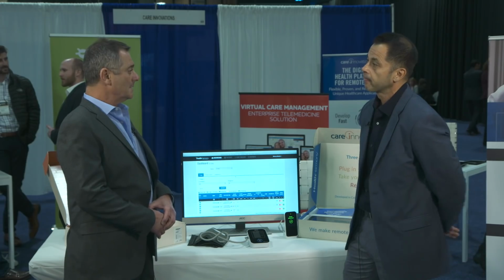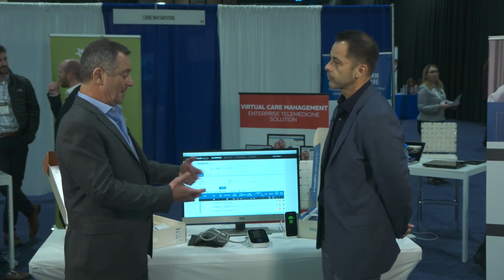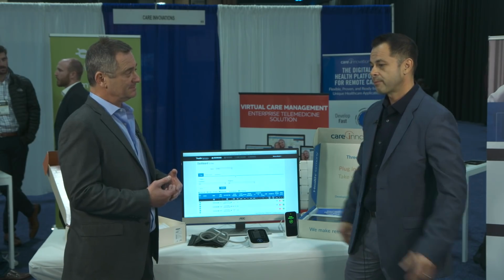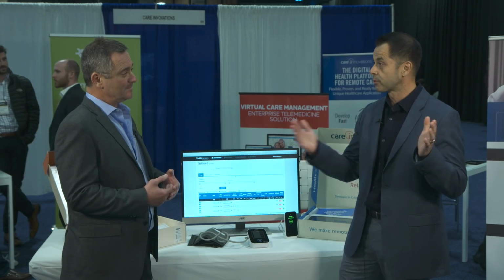Okay, so that's pretty cool that with the same patient, you can swap the tablet in and out as needed, yes? Yeah, it is. If you think about the acuity scale, patients are moving left and right of that scale from being high acute to low acute, and things may change. They may require less intensive monitoring.